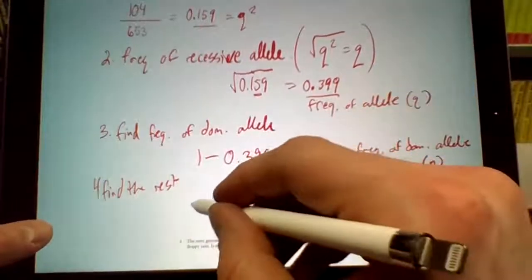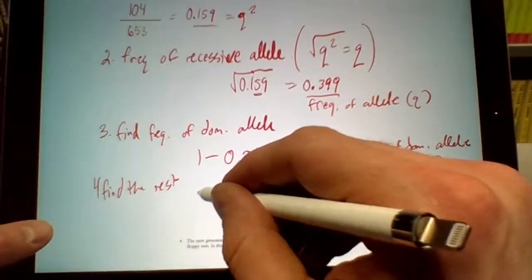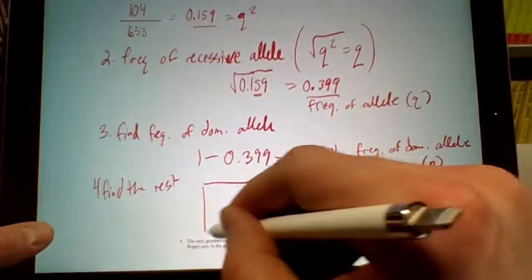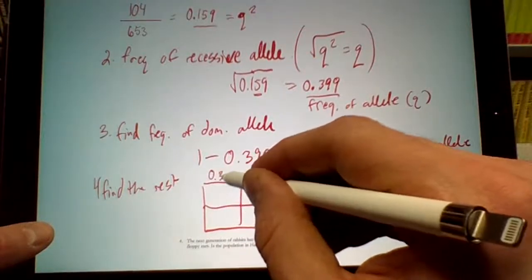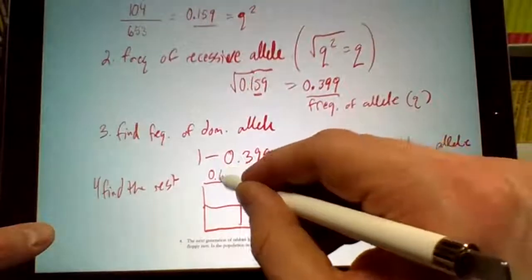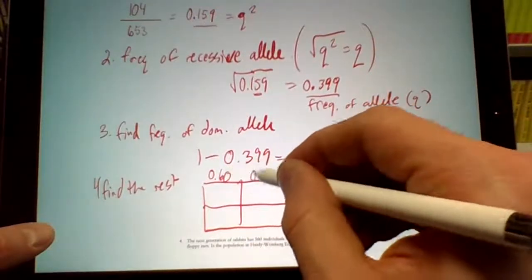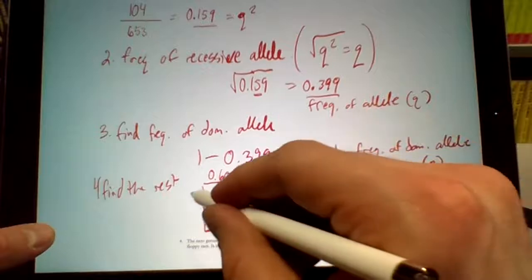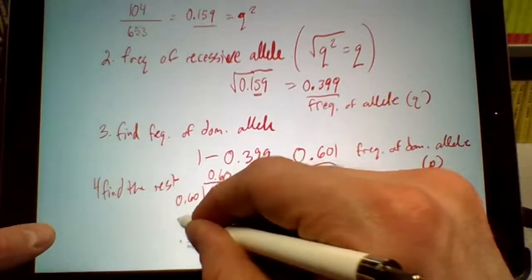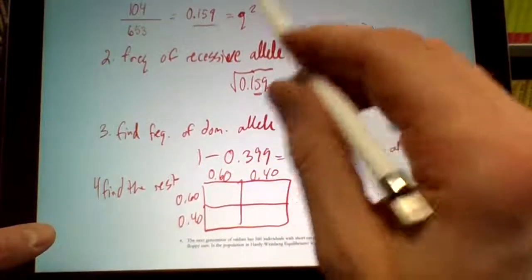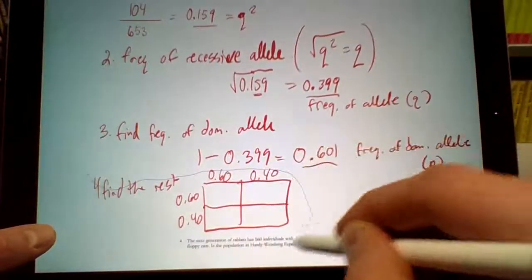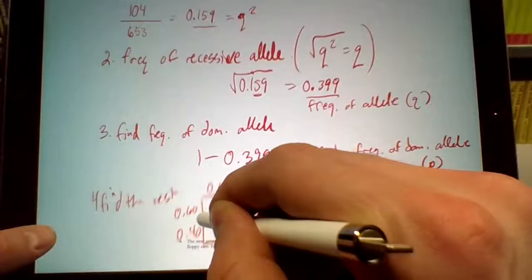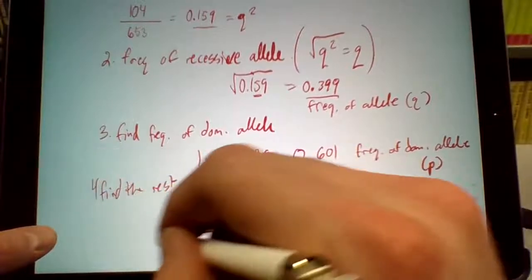If you remember all the parts of the equation, then that's great. If you don't, you could do this square if you like. We can put 0.6 and 0.4 up here.